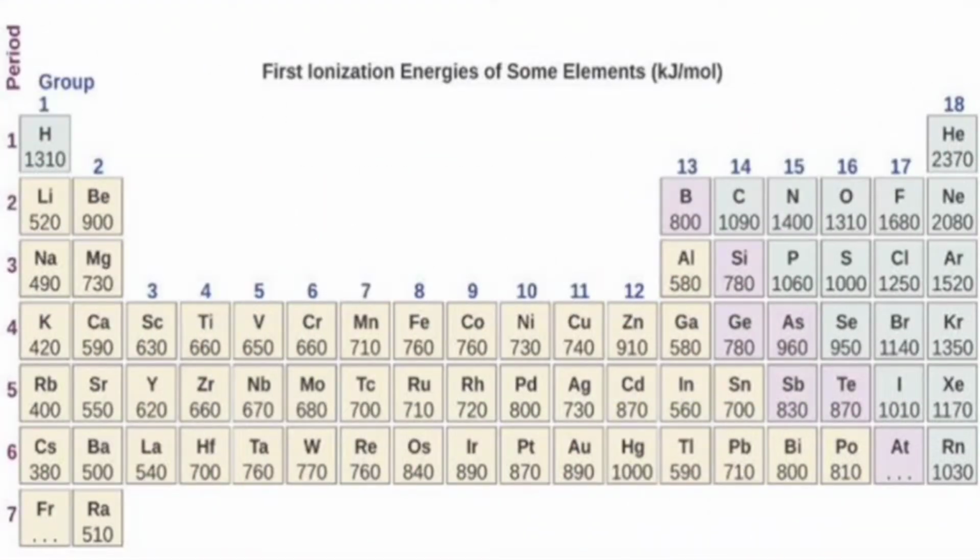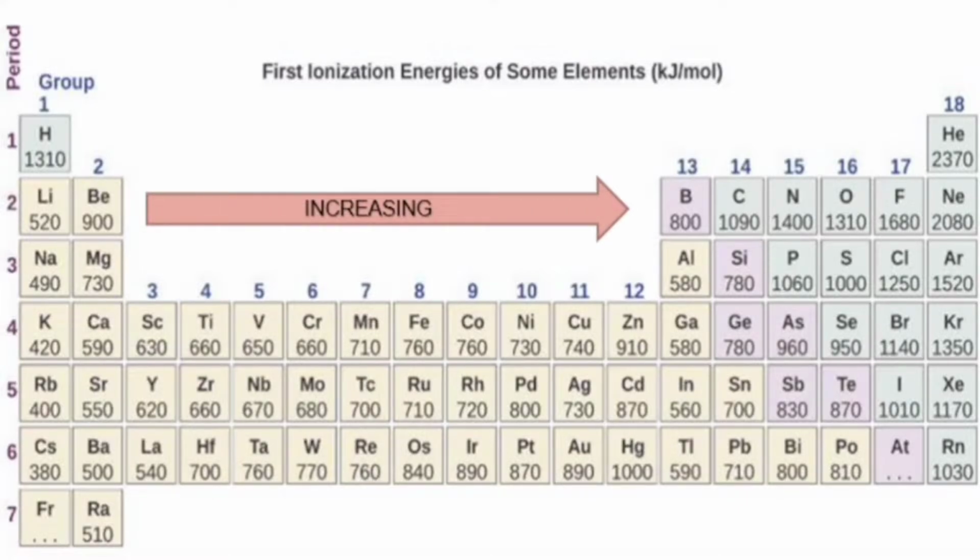What about the ionization energy? What do you observe on the ionization energy of metals and non-metals? Great! It is also increasing from left to right, meaning non-metals have a higher ionization energy than metals.